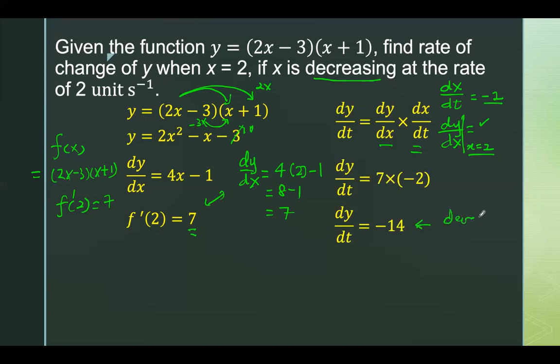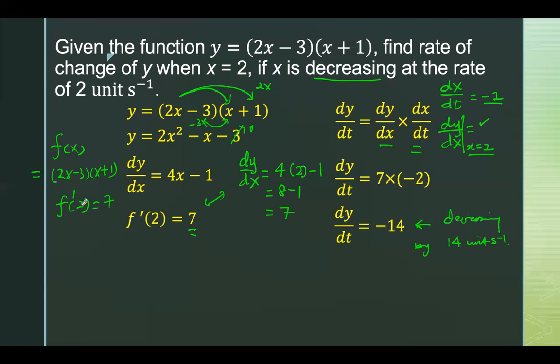Decreasing by 14 units per second. This is how you interpret what dy/dt is. The function part is a bit confusing here. What is f'(2)? Suddenly f'(2) equals 7. It's actually dy/dx if we set y as f(x).